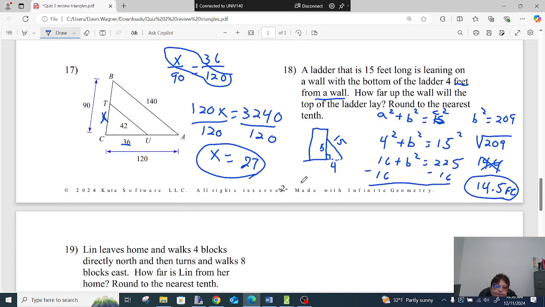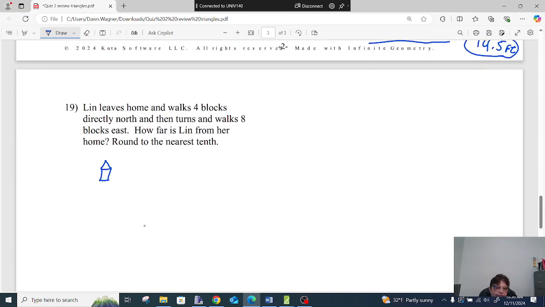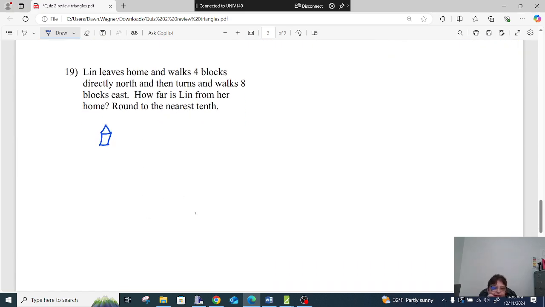Okay. Lynn is going for a walk. Here's her house. Okay. So Lynn leaves home and walks 4 blocks directly north. Oh, I didn't give myself enough room. Let me redo that. Here, because I'm going north.